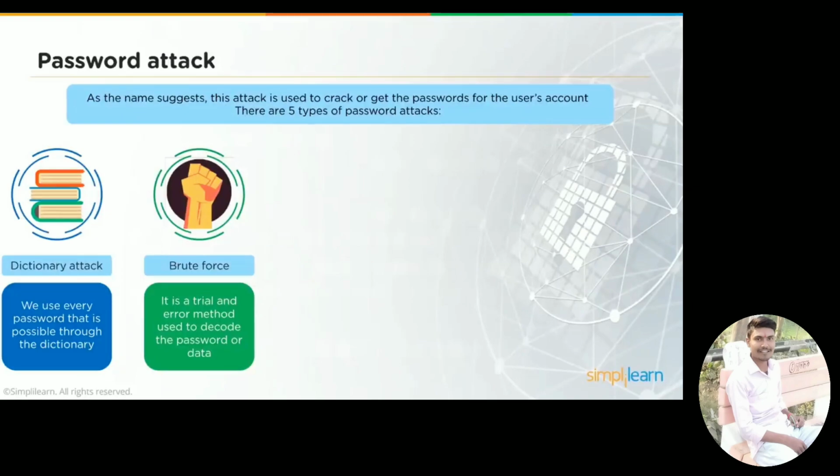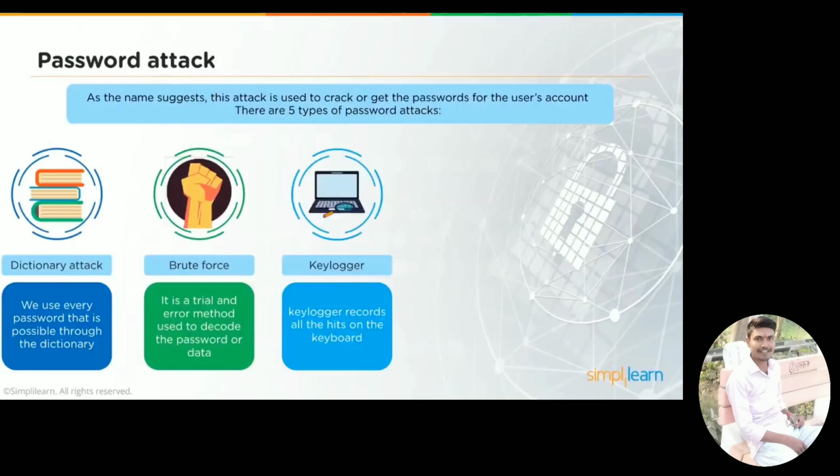Now, this is 100% successful given the time that it may take. So if the time that it is going to take is 100 years, the attack becomes unsuccessful because during that period, the password is most likely to be changed, the technology is going to be changed, and so on and so forth. So if the password is easily guessable, this can be a very easy attack to perform.